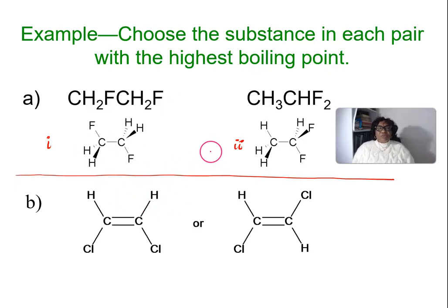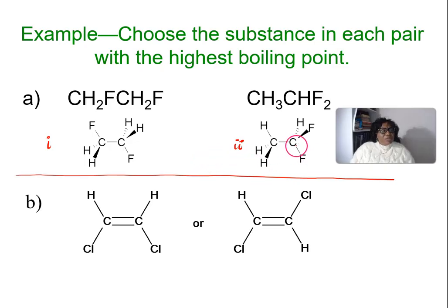In this question, we are asked to choose the substance in each pair with the highest boiling point. So we have I1 and I2. We want to find out between these two, which one has a higher dipole moment.